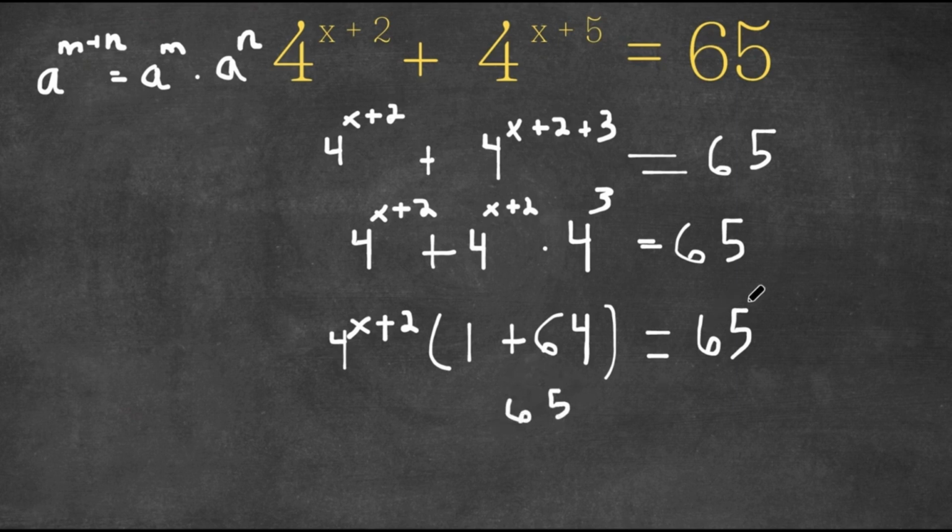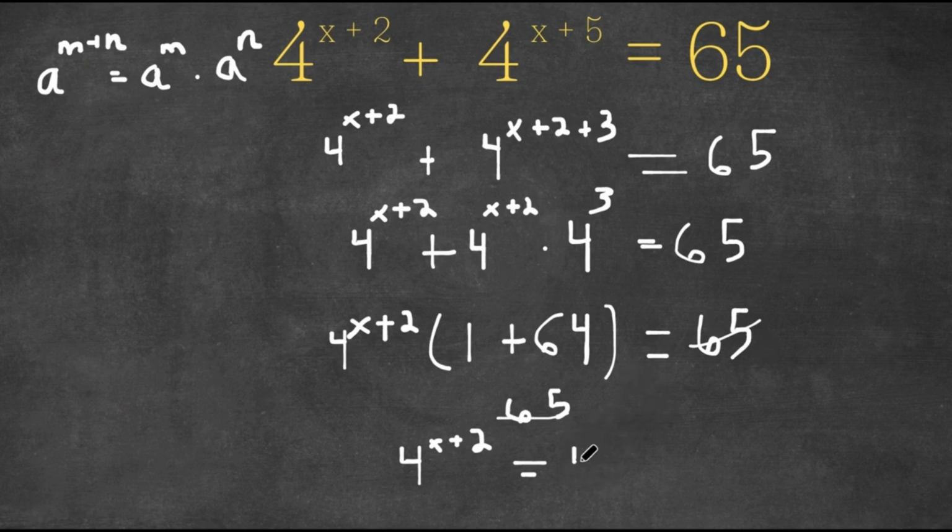Now, 1 plus 64 is 65, right? So now if we divide by 65 on both sides, these two cancel out, and we simply get 4 to the power of x plus 2 is equal to 65 divided by 65, which is 1. Now, if you guys know, 4 to the power of 0 equals 1, because anything to the power of 0 equals 1.